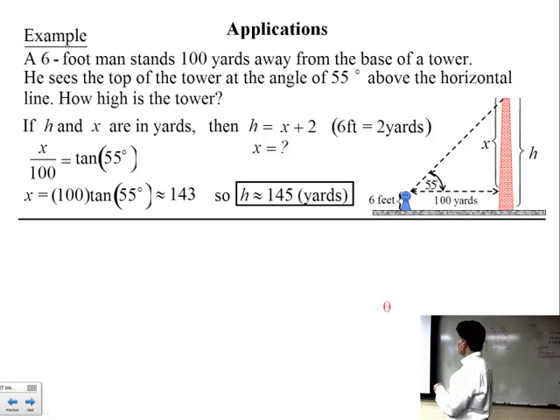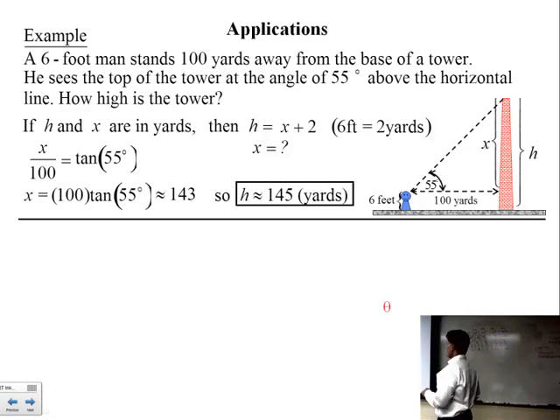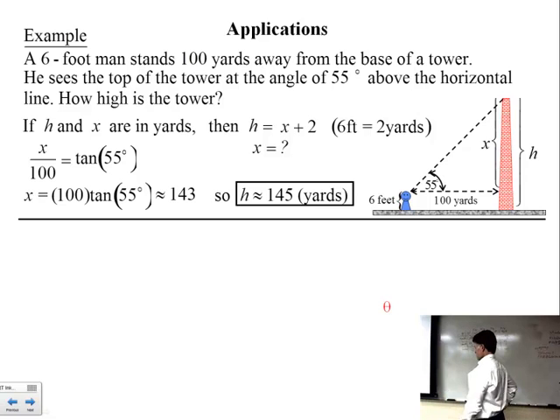X is the opposite of a right triangle whose acute angle is 55, and the adjacent is 100. So as in a previous problem, x divided by 100 is the tangent of 55 degrees. So x is 100 times the tangent of 55 degrees, which is about 143 yards. So the tower is about 145 yards tall.